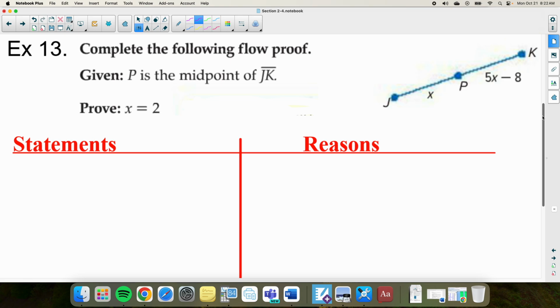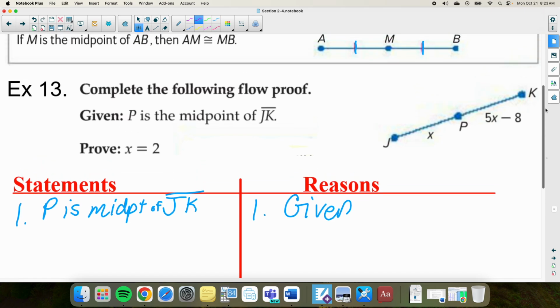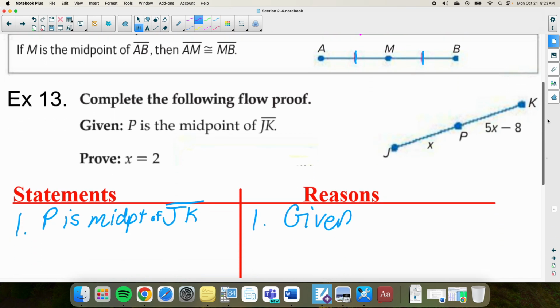So for this one right here, we are given step 1 that P is the midpoint of JK. And I always use MIDPT for midpoint. Okay, and that is given. Now, whenever you are given that you have a midpoint, that tells us that we're going to be using midpoint theorem, all the time.